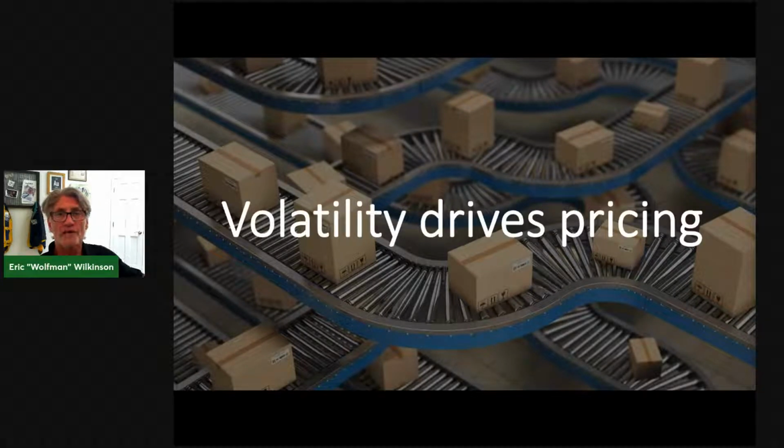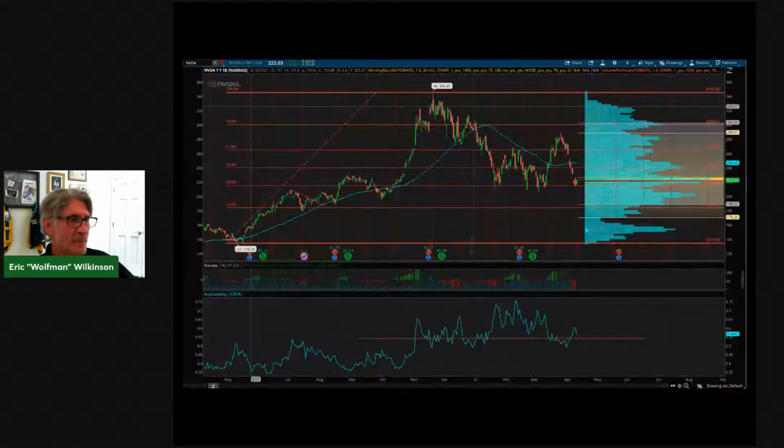So we're clear, volatility drives prices. As a matter of fact, I've got a great example coming up for those of you sticking around that shows how volatility can drive price. All right, so I was taking a look at Nvidia.